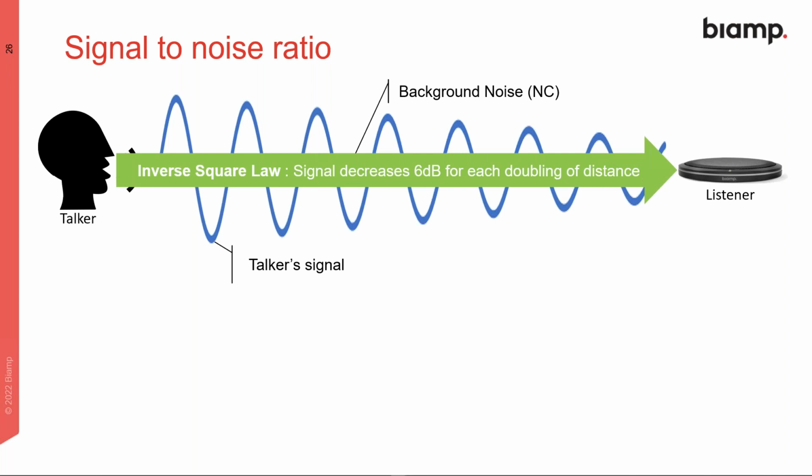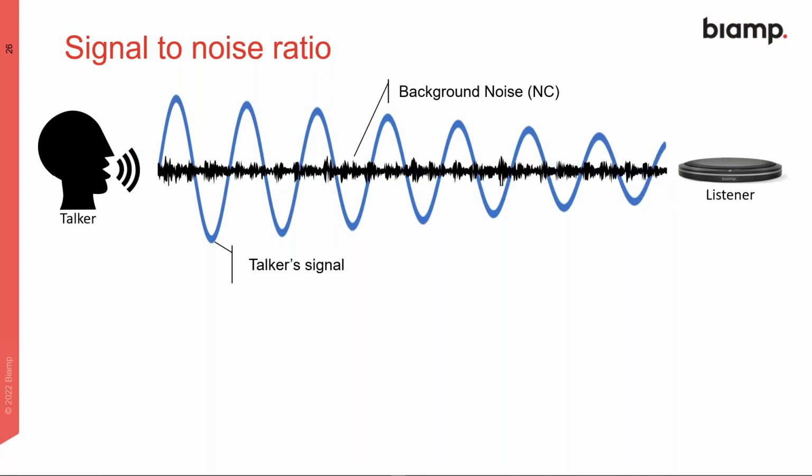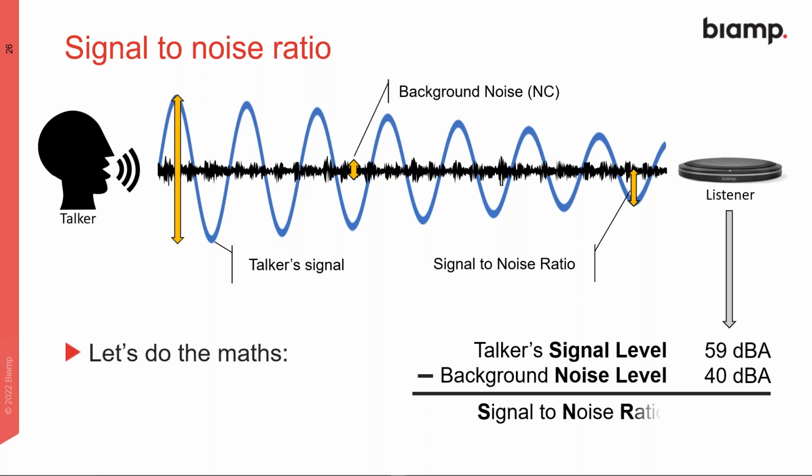The inverse square law dictates that for every doubling of distance between the talker and the microphone, we lose 6 dB of source signal. And when you look at the difference between the background noise and the source signal measured at the microphone, you get the signal to noise ratio. So just a standard example, take away the difference and you get a signal to noise ratio.